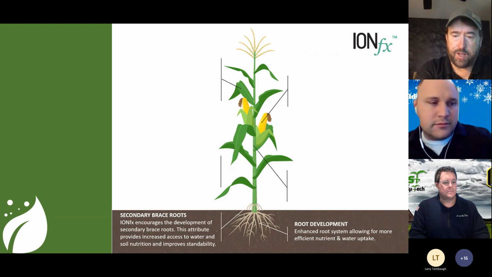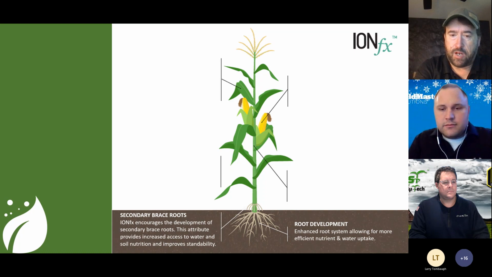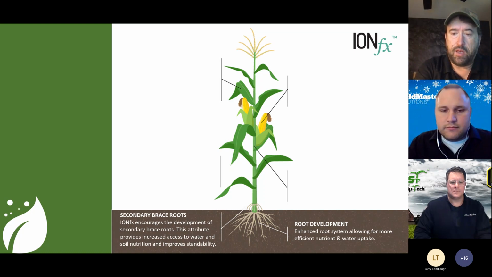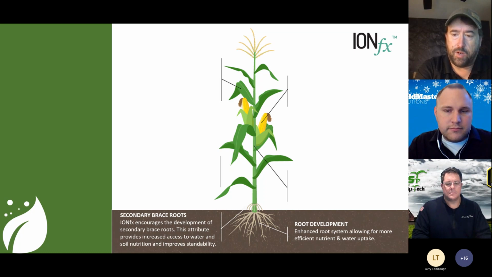Okay, so rapid root development, those fast laterals are going to be very important. To maximize your banded fertilizer uptake, you want to get those roots to that fertilizer as fast as you can. The longer it takes the roots to get there, the more leaching and the more loss to rain you're going to have.